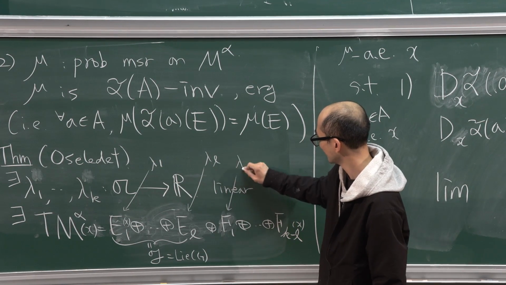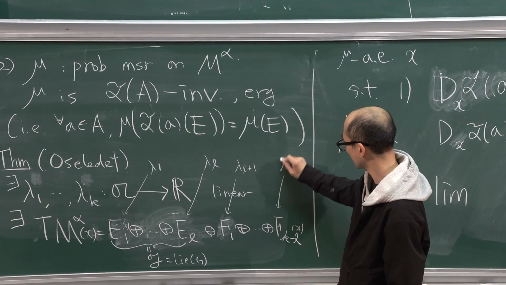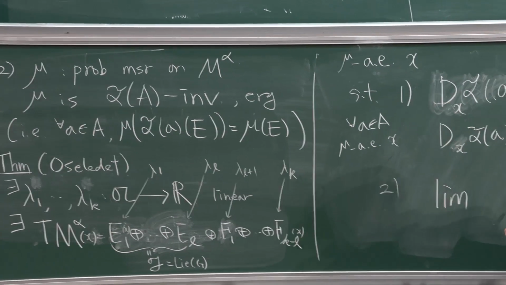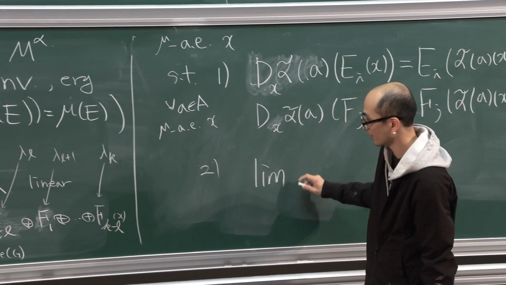So now lambda L plus 1 and lambda K. I will only write down the F first.